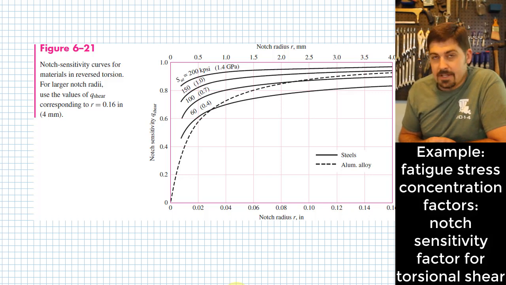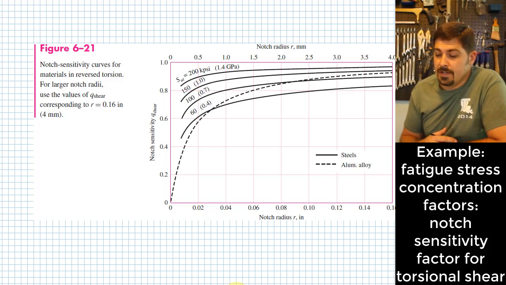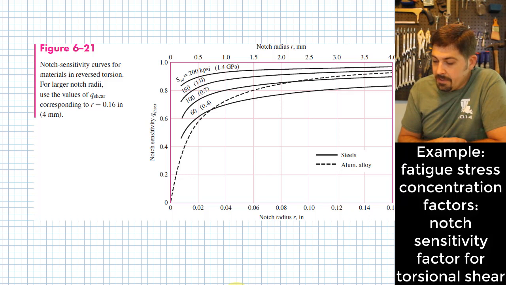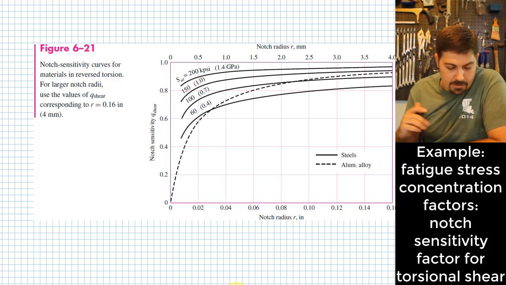This is the easy way to do it, and it works pretty well as long as you don't need a super accurate result. There's another way that you can do it using a Neuber constant, and if you look in chapter 6 around where this chart is published, you will see how to apply that and maybe get an even tighter value for q, but I'll just show it this way here.